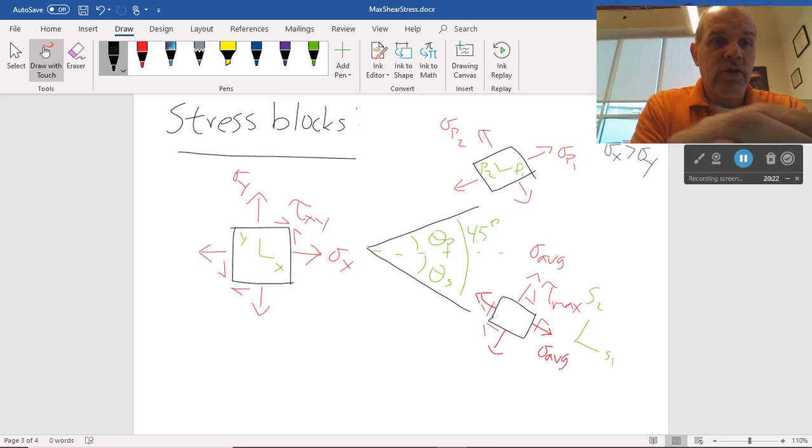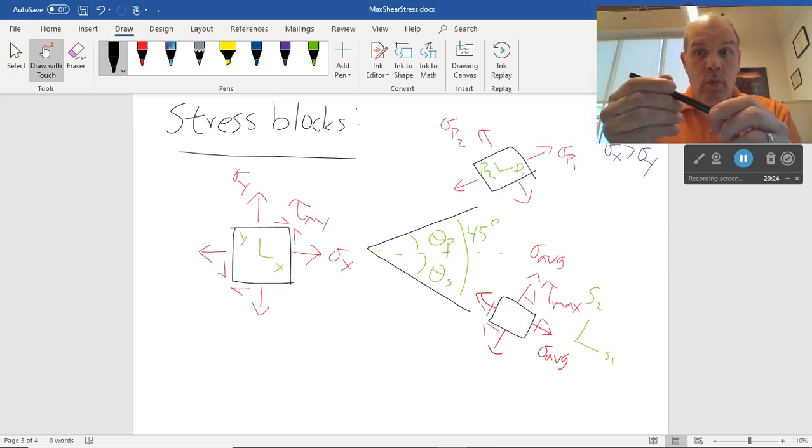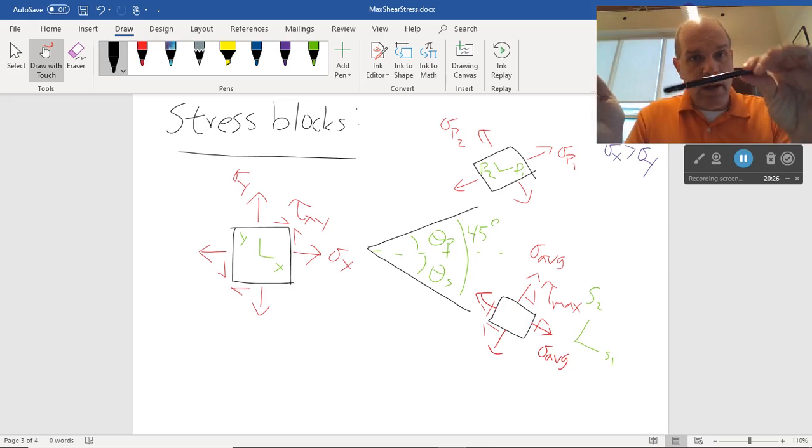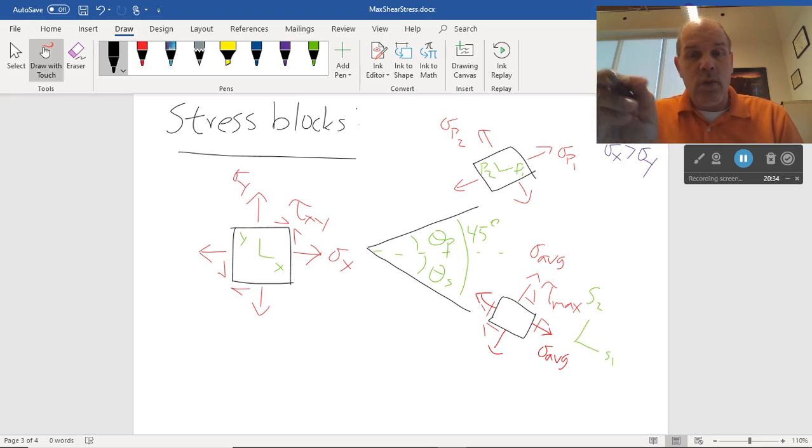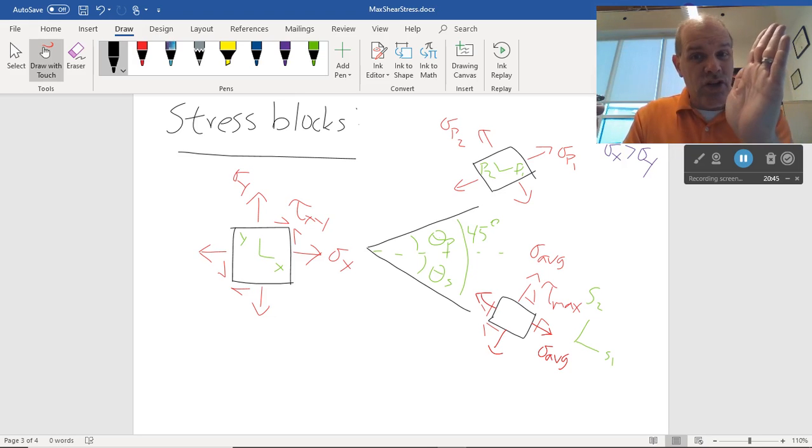If I have an initial stress state now, I rotate one way. It could be up or down depending on how the angles work out. I get to the principal stresses, which have no shear stress. You see there's no shear stress on that stress block on the top. And again, the way I drew it, since sigma x rotated to be sigma p1, I had sigma x bigger than sigma y. If that was reversed, then sigma p1 would be going in the vertical direction, and sigma p2 would be going horizontal.